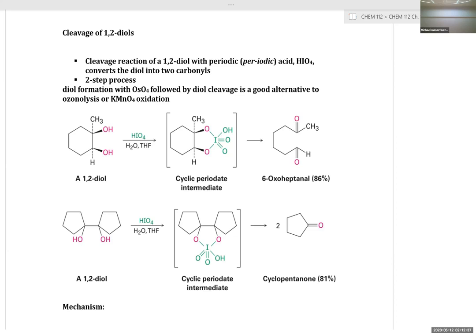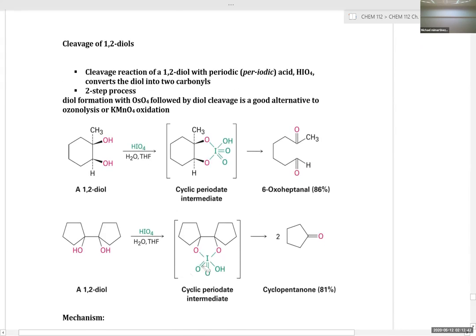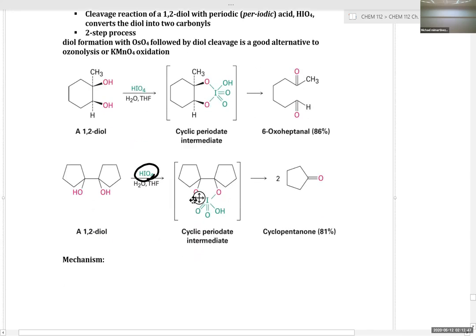So treatment of a diol with periodic acid in turn cleaves our diol, going through a cyclic periodate intermediate, and generates a ketone or carbonyl functionality. So you can use this to generate ketones and aldehydes from diols.